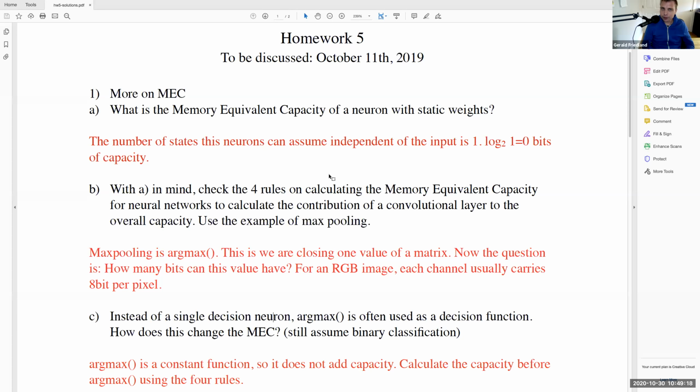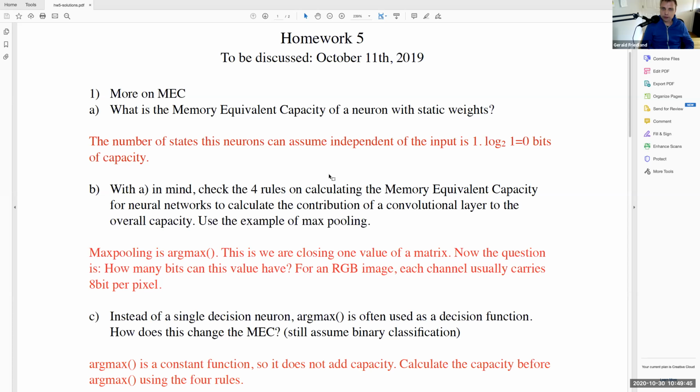If you don't have memory, then you have 0 bits. So the moment you have set your weights and you're static and you can't change them anymore, that's what you memorize. You can read the memory, but it has basically no capacity of storing any other function than the one it already has. And then in terms of information, that gives it 0 bits.